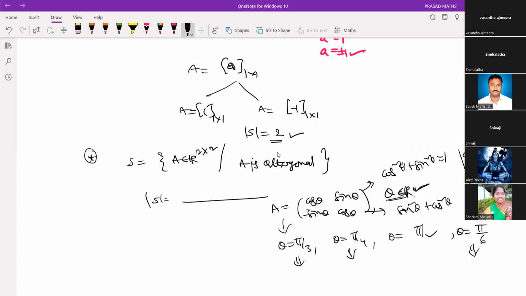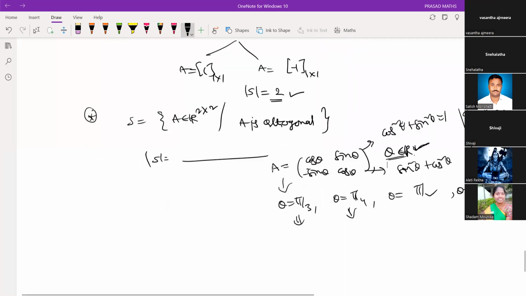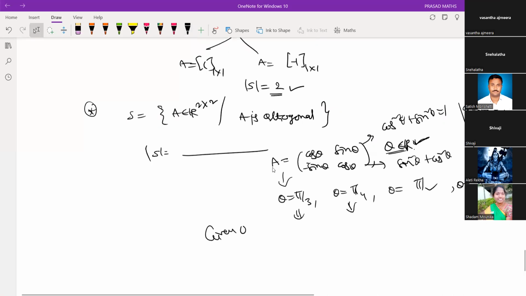So given any theta, how many orthogonal matrices do we get over the field R? Anybody? How many orthogonal matrices? Give me any theta, any real number, and we can get an orthogonal matrix. Now, how many orthogonal matrices?